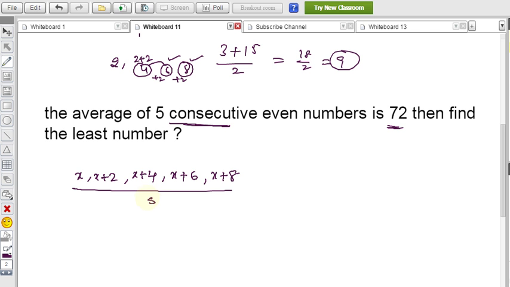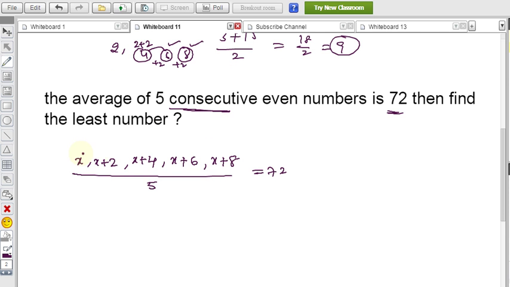Divide by 5, and the average is given as 72. Now we add these 5 numbers: x plus x plus x plus x plus x is 5x, and 2 plus 4 plus 6 plus 8 is 20. So (5x plus 20) divided by 5 is equal to 72.